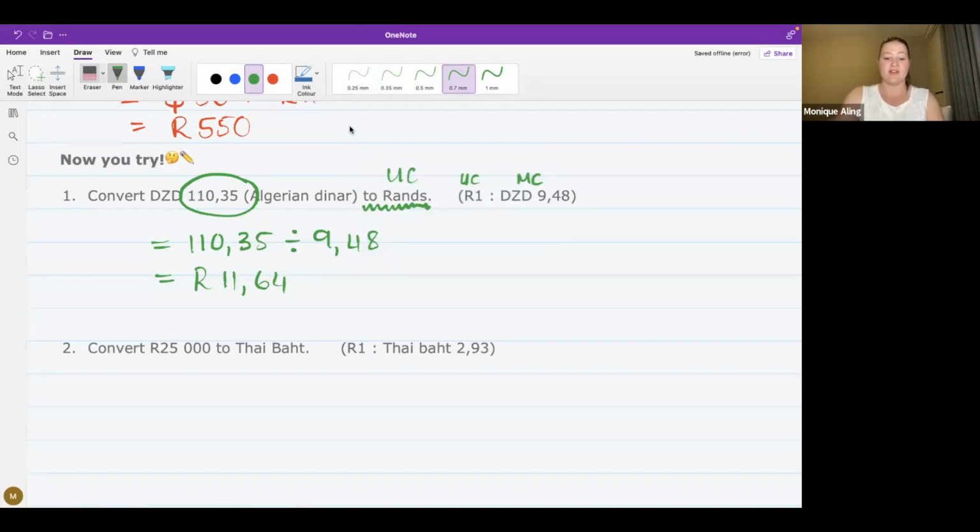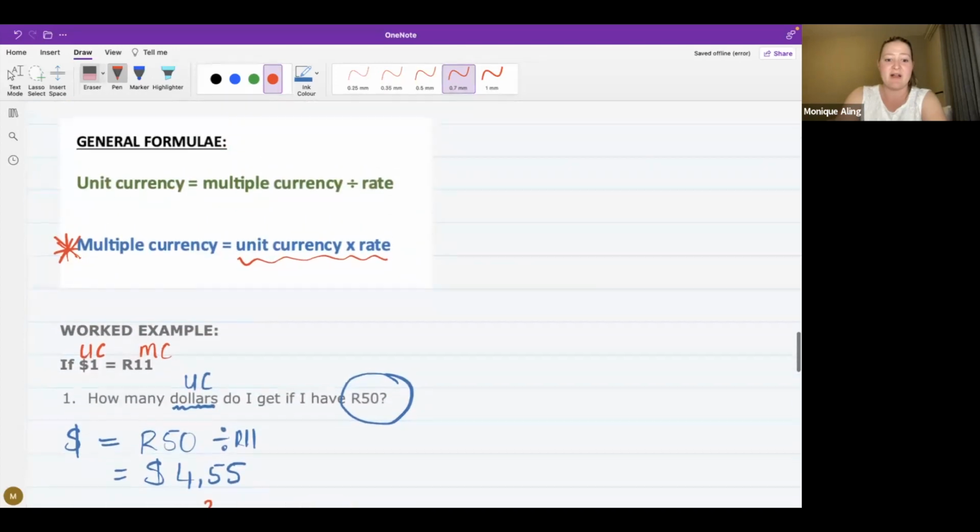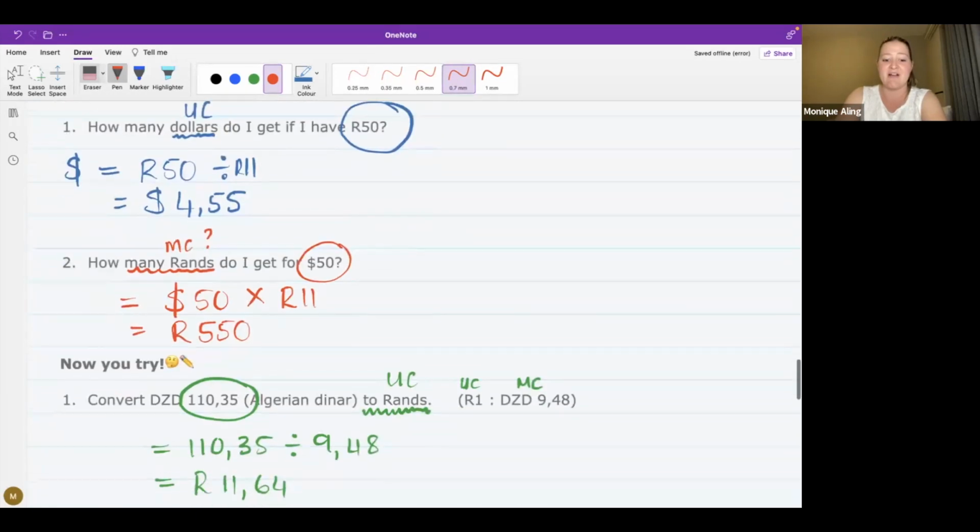And then, okay, so looking at the exchange rate, this is our unit currency. This is our multiple currency. They're asking us to work out Thai baht, which is the multiple currency. So we're working out multiple currency. Just a reminder, for multiple, we times by our exchange rate.